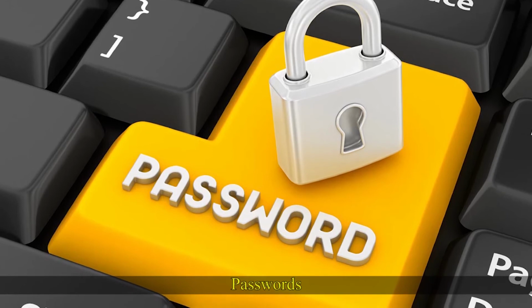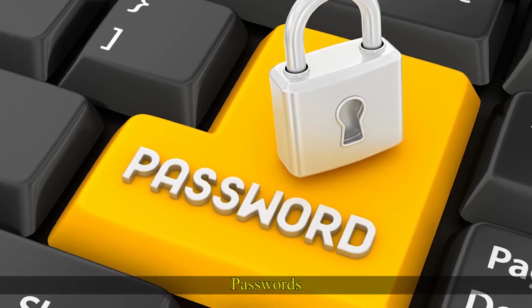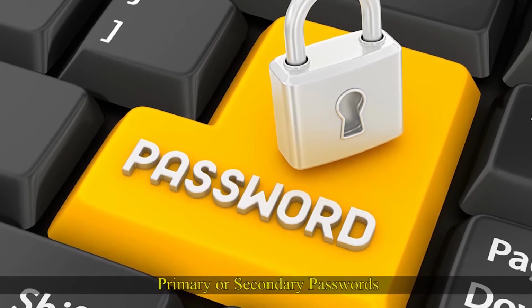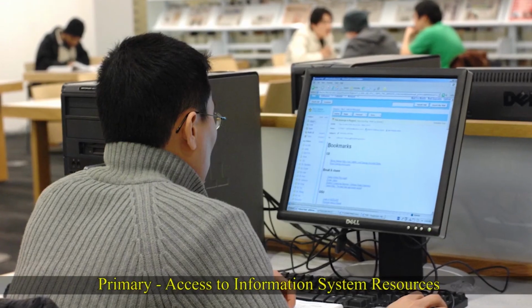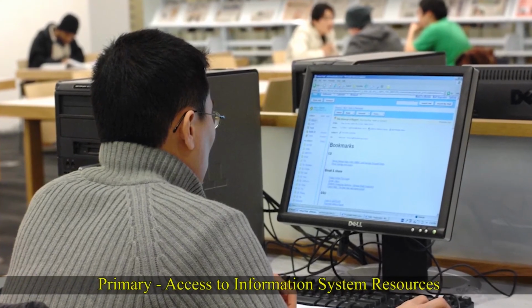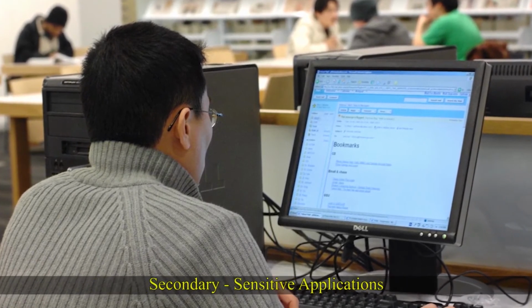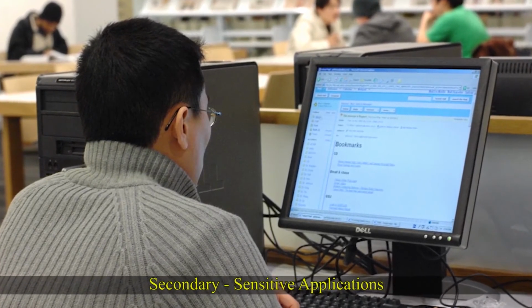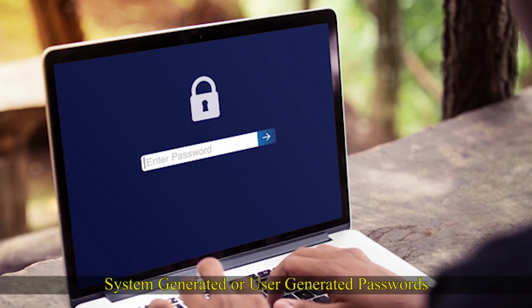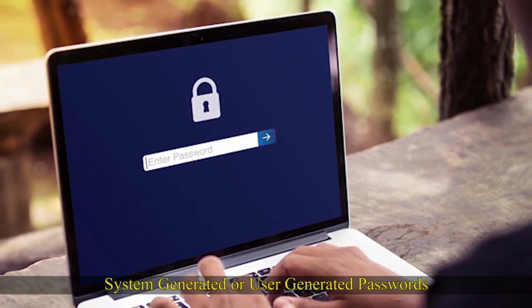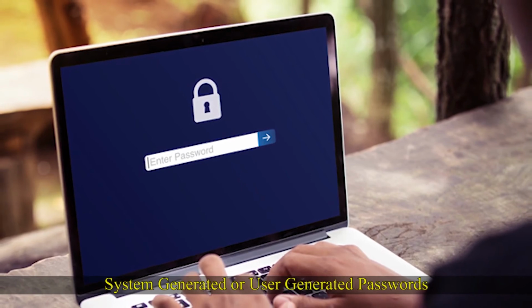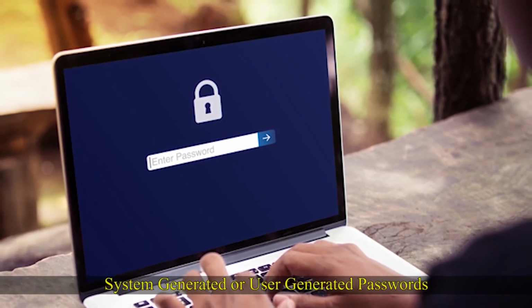Passwords may be of different types. They may be categorized as primary or secondary. A password is used as primary if the system provides access to information system resources, and secondary for sensitive applications. For primary passwords, system-generated or user-generated passwords can be used.